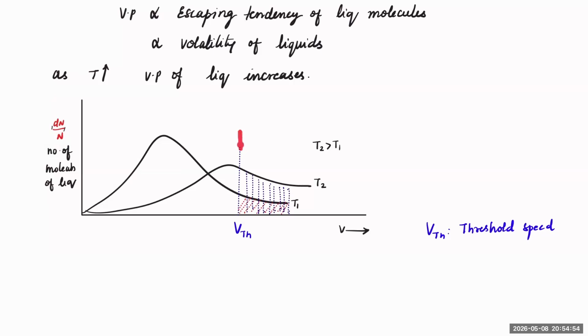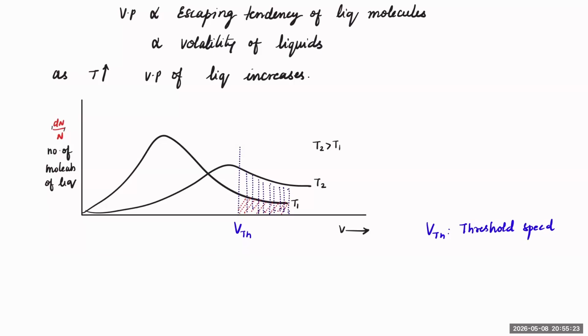Now notice there will be a certain threshold velocity of the particles. Beyond that, if a particle gains the speed, it can escape out of the liquid and come out into vapors. This is the escape or threshold velocity. If it crosses, we can expect that those particles will mostly be in the vapor state.